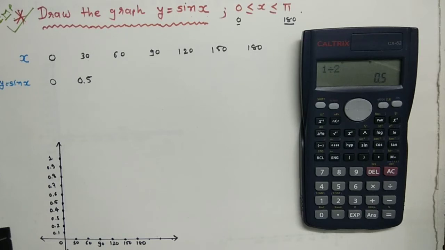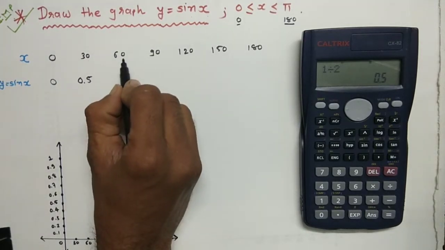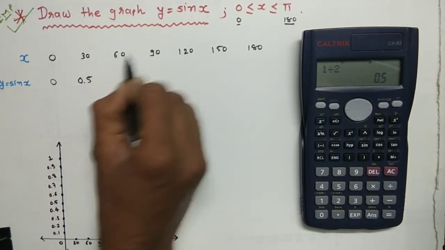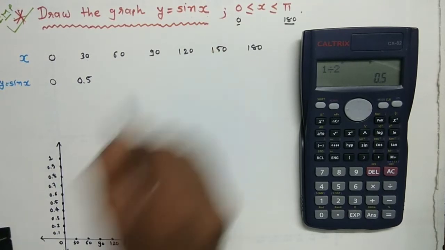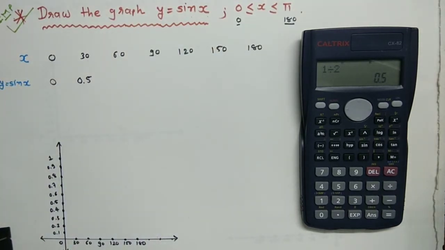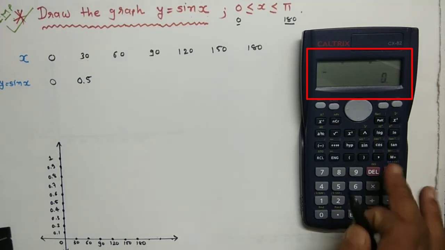Then after, put the value of x is equal to 60 in this function, y is equal to sin 60, and in the table the value of sin 60 is equal to root 3 by 2. Now calculate root 3 by 2 value.